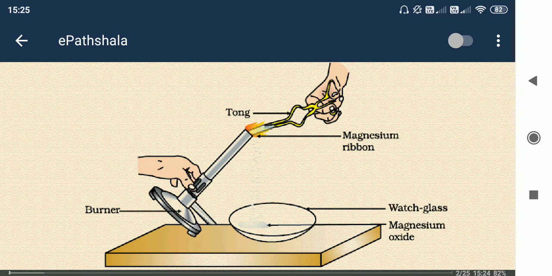The electrons inside the magnesium are interacting with the electrons of the oxygen atom. So this oxygen atom and magnesium are reacting to form magnesium oxide.